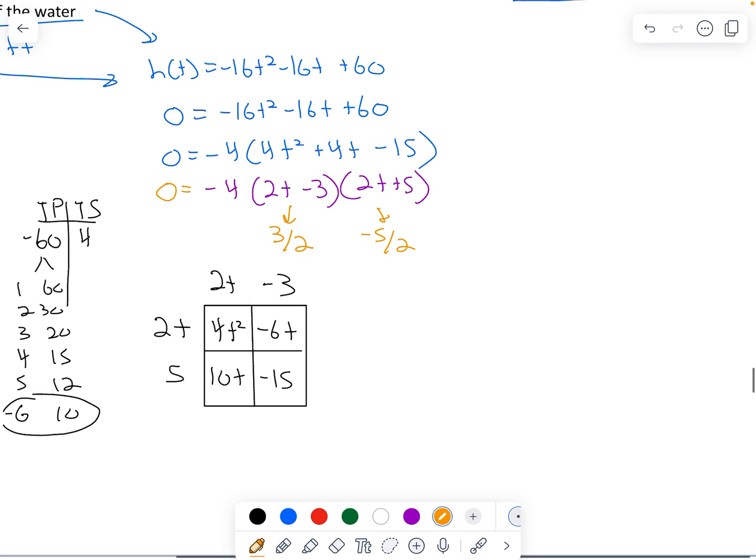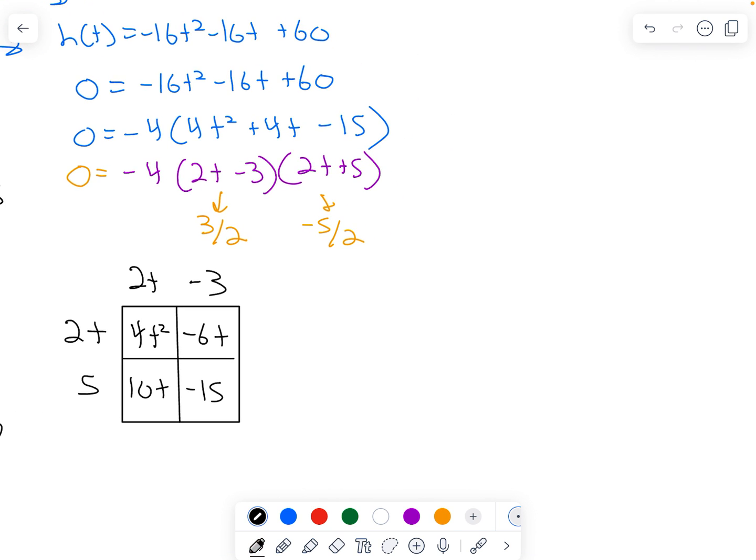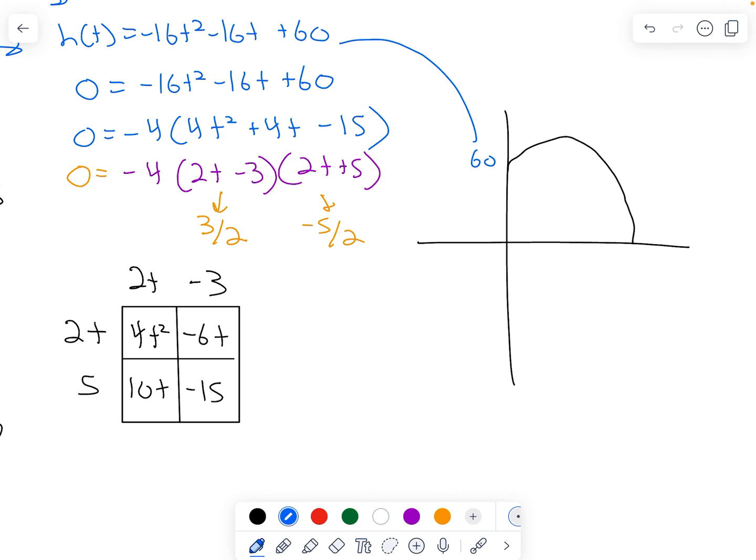Now, what I've determined here is that when this rock is thrown off the bridge, it starts out at a height of 60. I can see that from my given quadratic. That's the y-intercept. And it's going to be thrown probably up and then come back down and hit the water, splash.